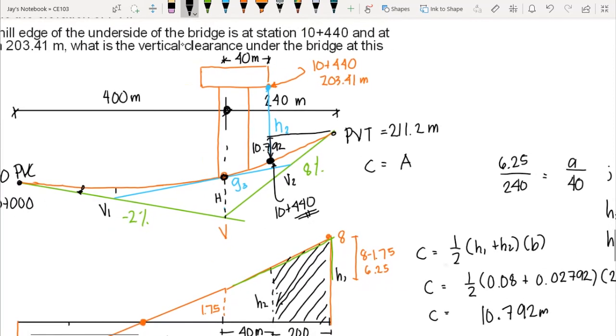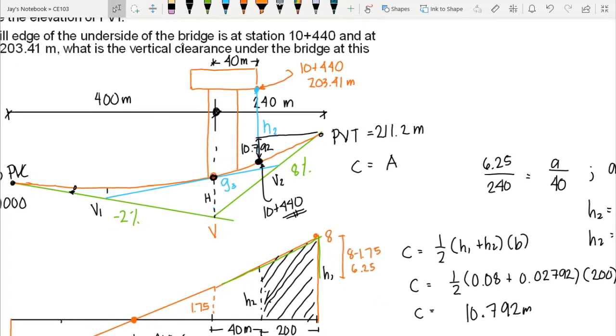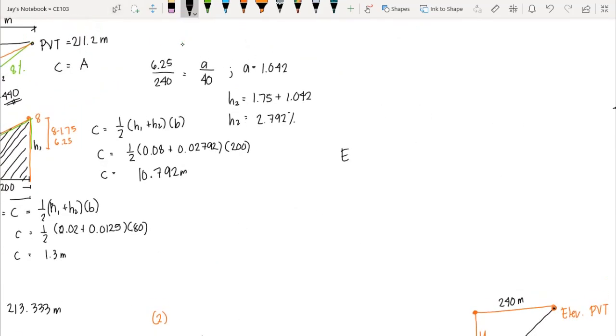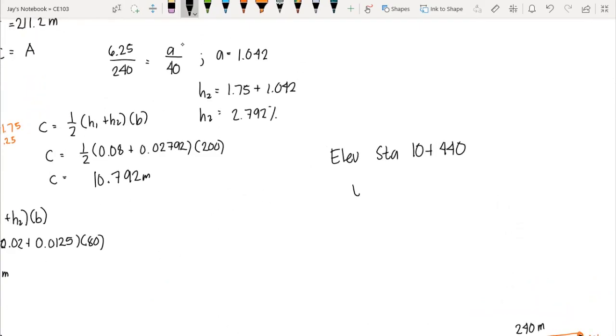To compute the elevation of that point below the edge of our bridge, we have the elevation of station 10 plus 440 is equal to the elevation of PVT minus C. We know that the elevation of PVT is 211.2 minus C, which is 10.792.